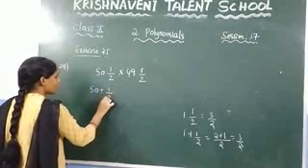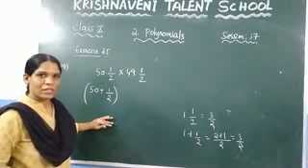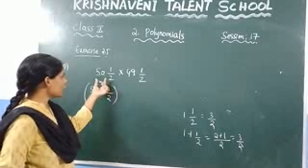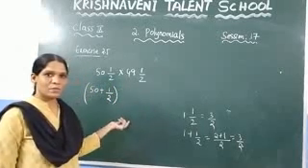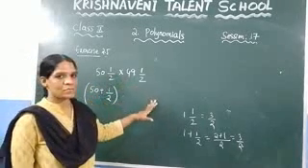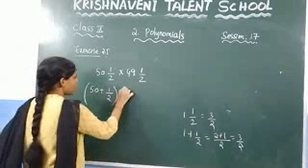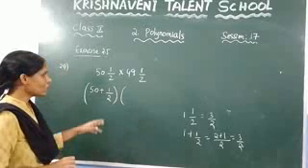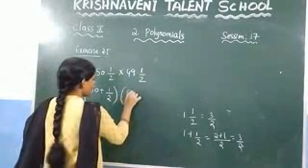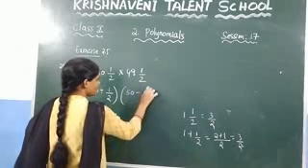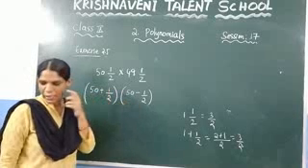Why am I writing like this? Because we have to write this in the form of one identity, called a plus b into a minus b.